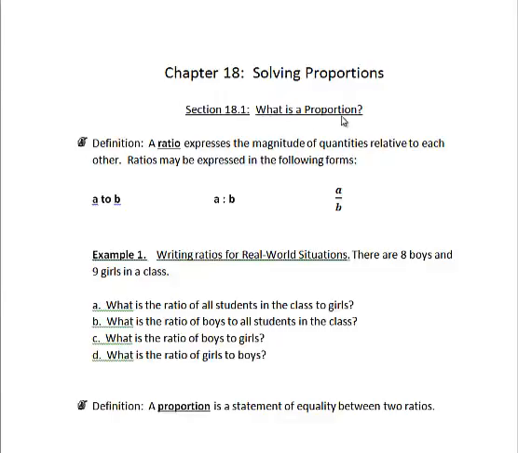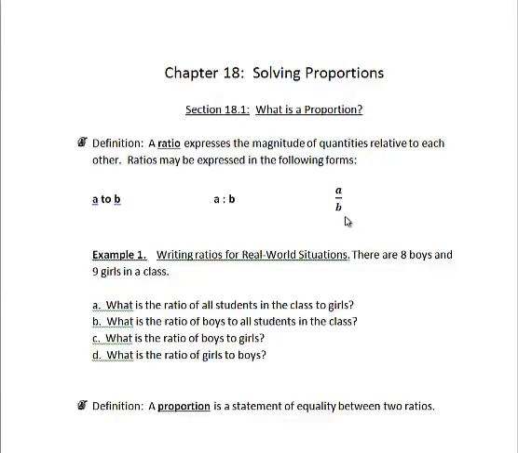Before we get started with a proportion, we need to understand what a ratio is and how we can express ratios. Simple definition, we're just relating two quantities relative to each other, and usually that's done through a fraction.